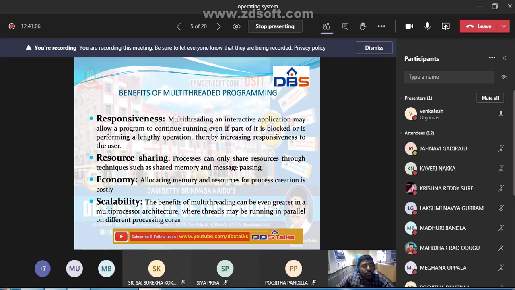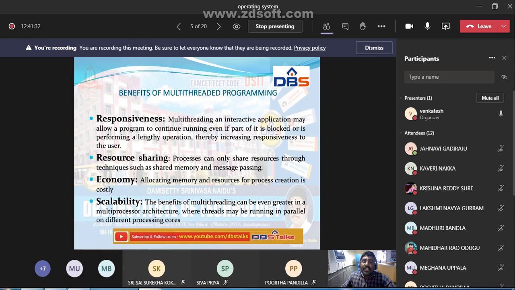So the user can perform his process successfully without waiting, which gives a quick response to the user without consuming more time. Responsiveness means that among the multiple threads, if one thread fails, one more thread will take the responsibility of the failed task and execute it. This is nothing but responsiveness.